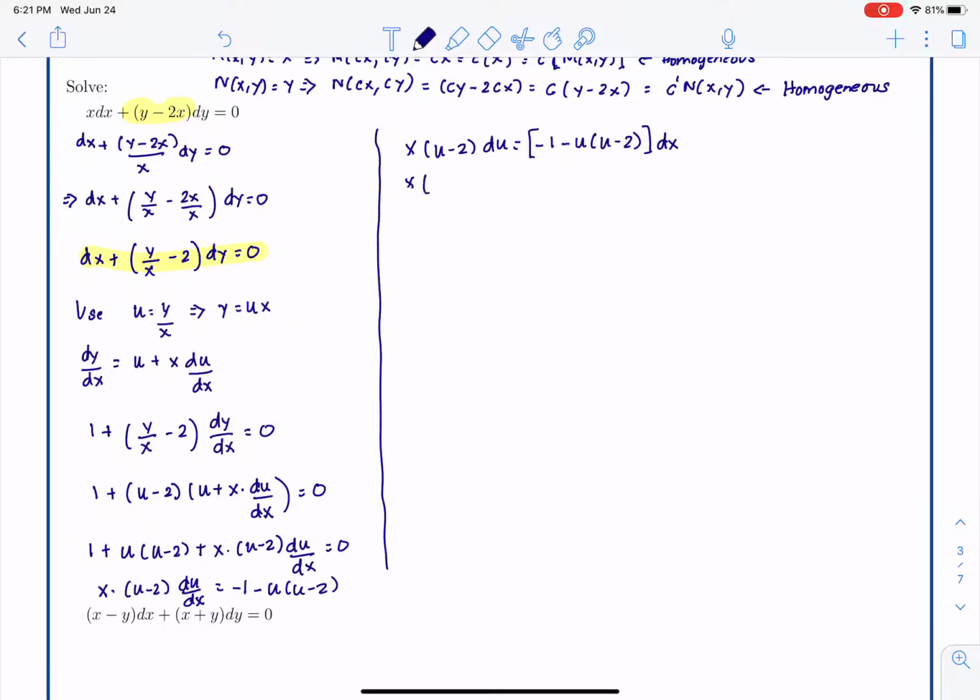If I pull a minus out, which is in common, I would simply have 1 plus u times (u minus 2) multiplied by dx. I'm going to FOIL to get 1 plus u squared minus 2u dx. And that would equal x times (u minus 2) du.